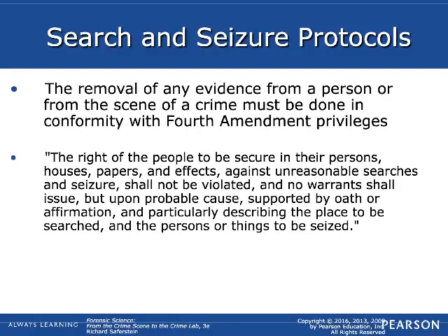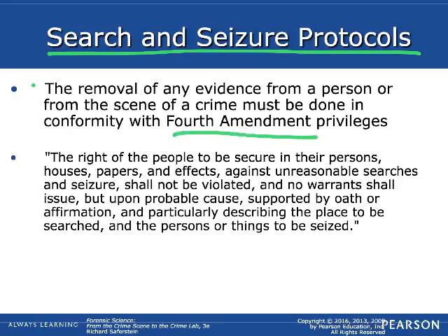Search and seizure protocols, we didn't talk about this in lab. So any evidence that's removed from a person or from the scene of a crime has to be done in conformity with the Fourth Amendment.